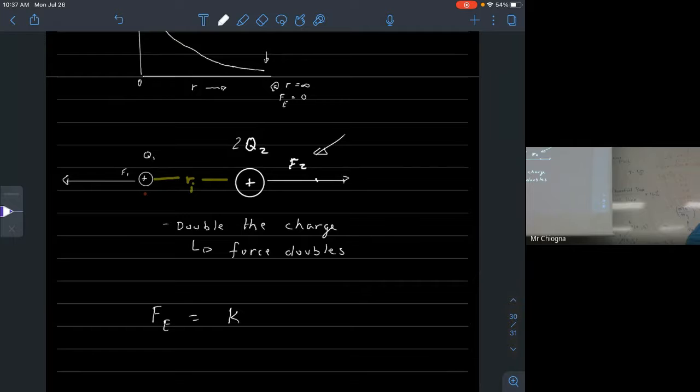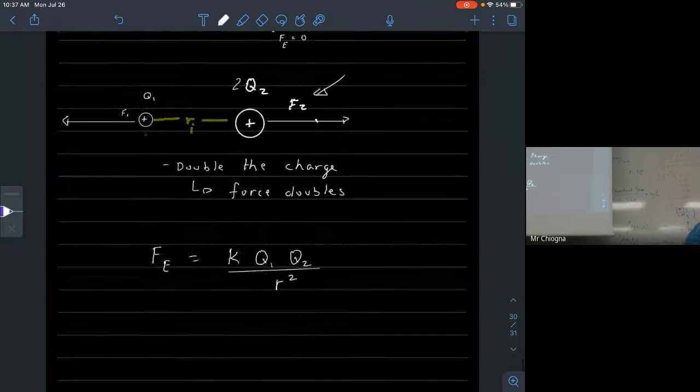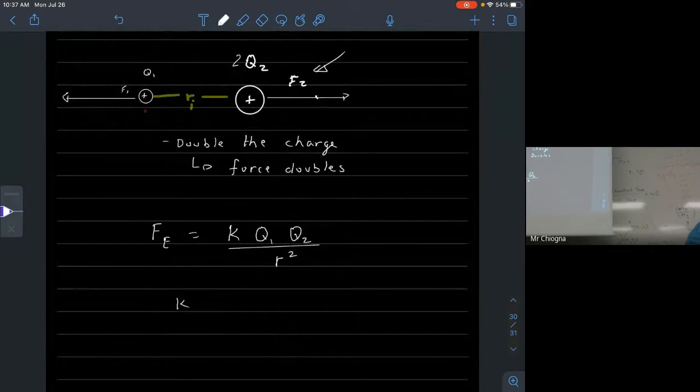This is a different constant. This equation looks very similar to the formula for gravity, except we're not dealing with masses. These are charges. K is a different constant. It's called Coulomb's constant.